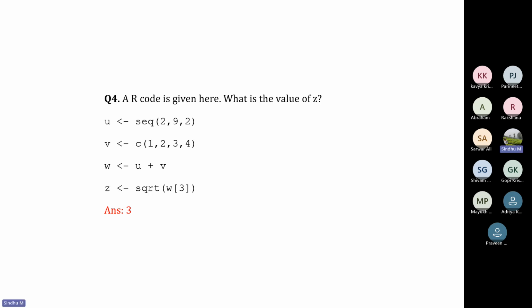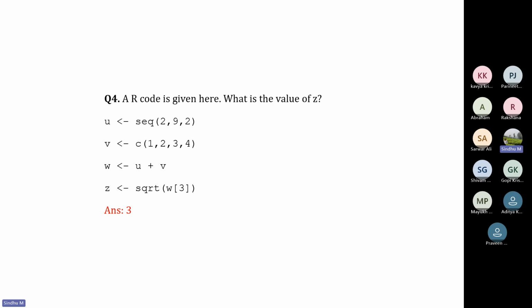In some programming languages, the indexing starts with 0. For example, in Python, if you write the same W of 3, it will start with 0, so this will be 0, 1, 2, and this will be 3. But in R, the numbering starts from 1.